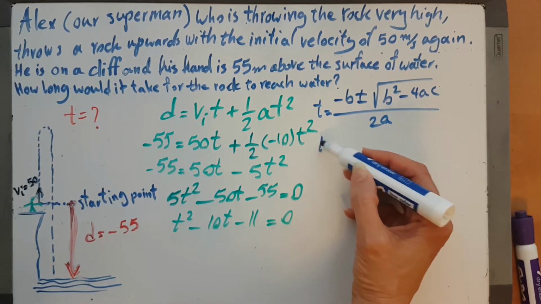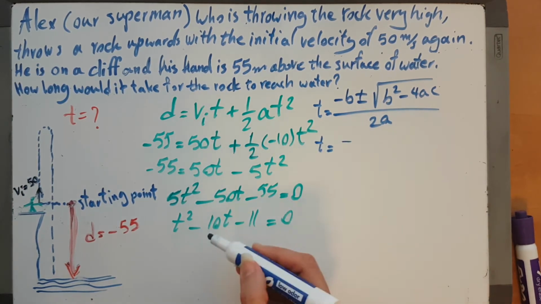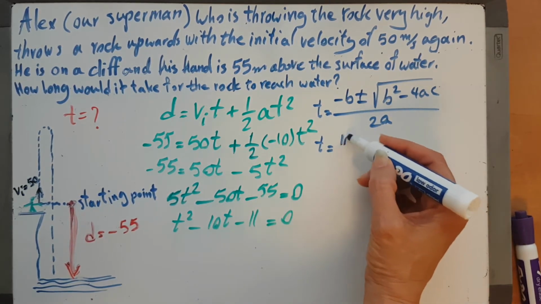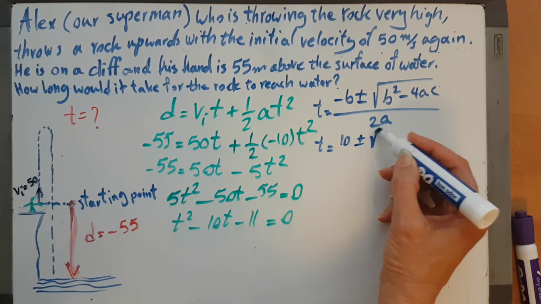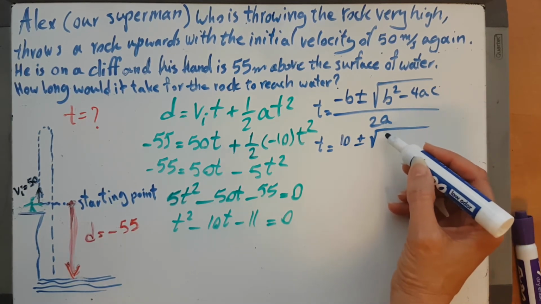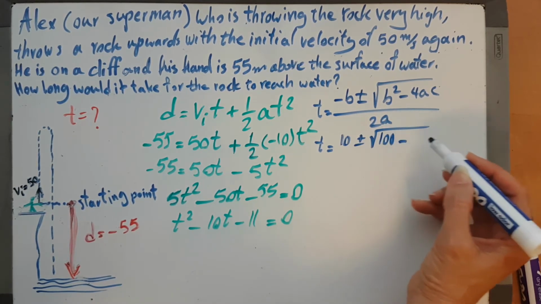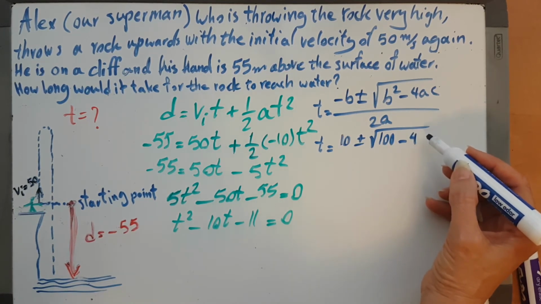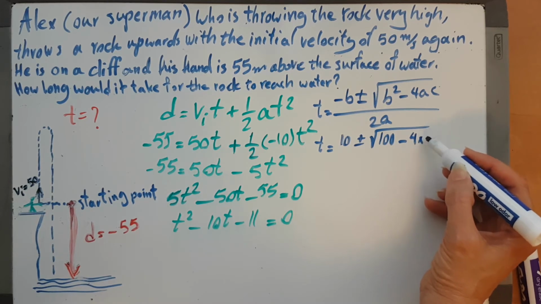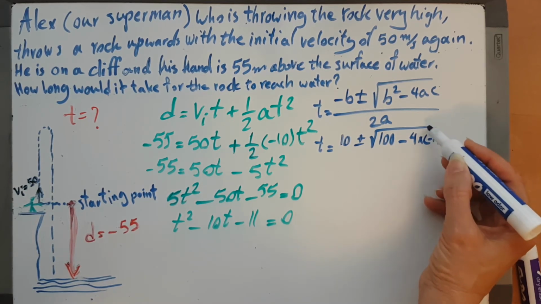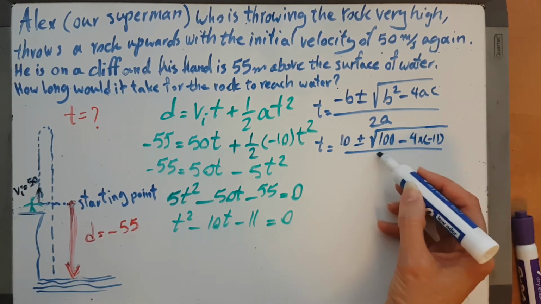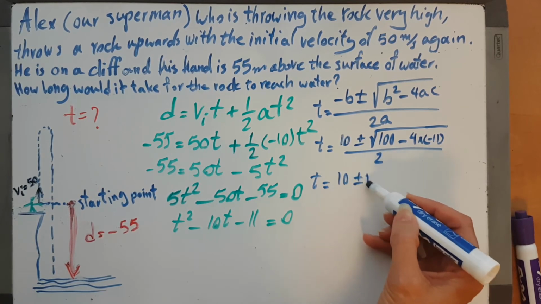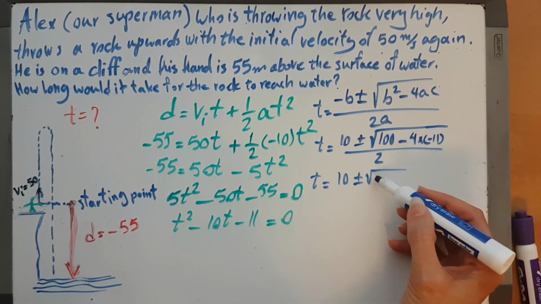So t would be plus 10, because I have a negative 10, it would be positive 10, plus or minus the radical of negative 10 squared, which is 100, minus 4 times a, which is 1, so I don't need to write it, and negative 11, divided by 2.